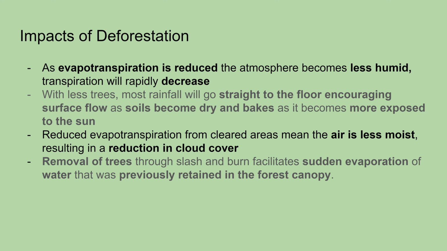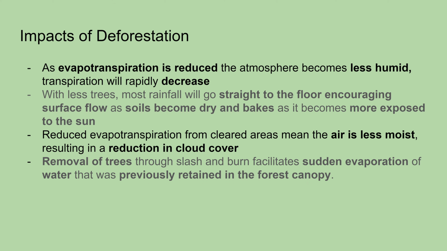Reduced evapotranspiration from cleared areas means the air is less moist, resulting in a reduction in cloud cover, which is sort of a positive feedback loop, where if there's a reduction in cloud cover, then the ground bakes more and doesn't allow as much water to get absorbed into the soil.